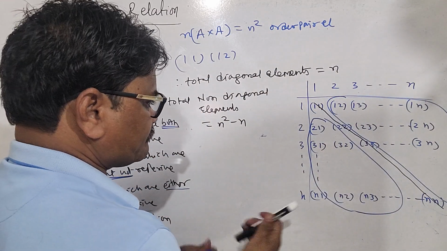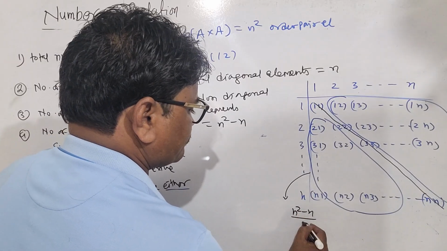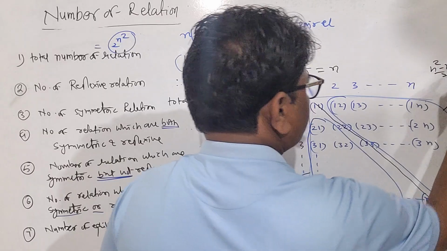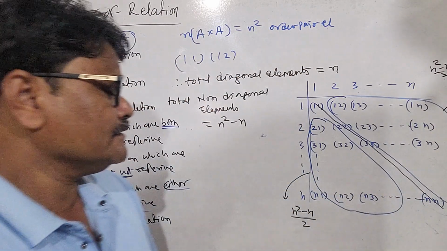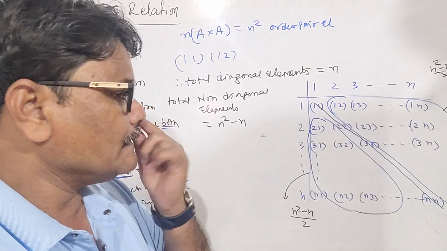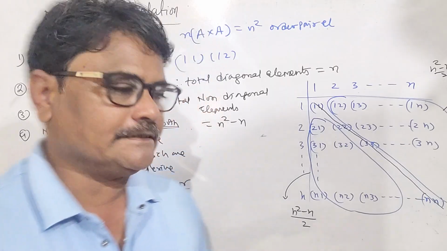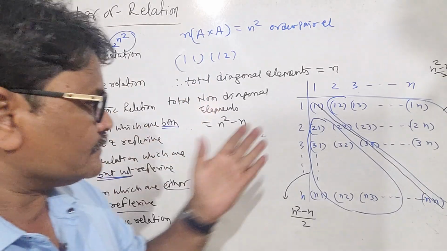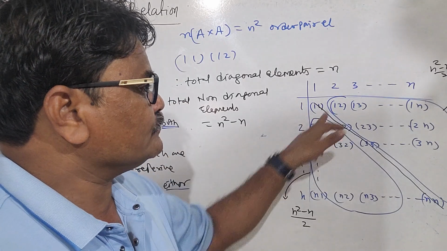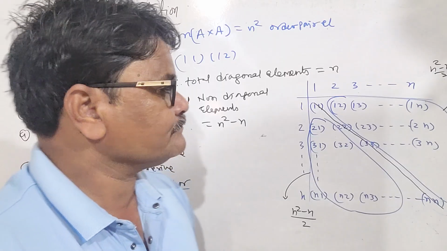Therefore half of this is n square minus n by 2, and these are n square minus n by 2. So that many ordered pair elements are above the diagonal elements, and the same number of elements we have below the diagonal elements. And one important point is that this diagonal will be the mirror for these: 1 2 and 2 1 are images of each other about this diagonal, correct?